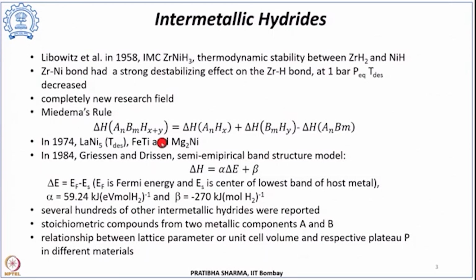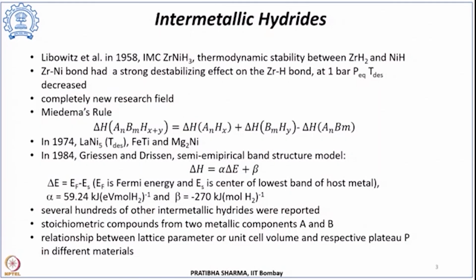So, in 1984, Griessen and Driessen came up with a more accurate formula compared to the Miedema rule, correlating the enthalpy of reaction with the characteristic energy of the electronic structure of the host metal.